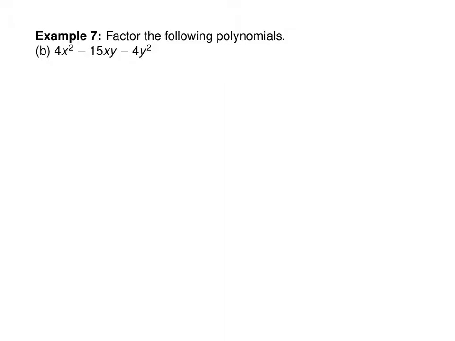And one more. 4x squared minus 15xy minus 4y squared. So multiplying the 4 and negative 4, we need numbers that multiply to negative 16 and add up to negative 15. And the numbers that satisfy that will be negative 16 and 1.